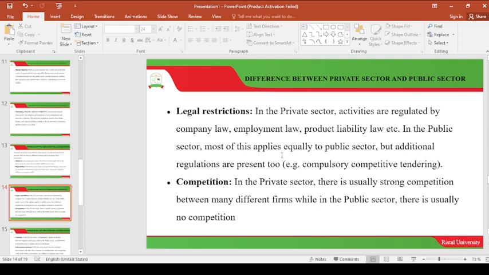So the public ends up gaining quality services because of the rate of competition. While in the public sector, there is usually no competition, because the government cannot compete by itself. Instead, it will just look at service delivery rather than competition.